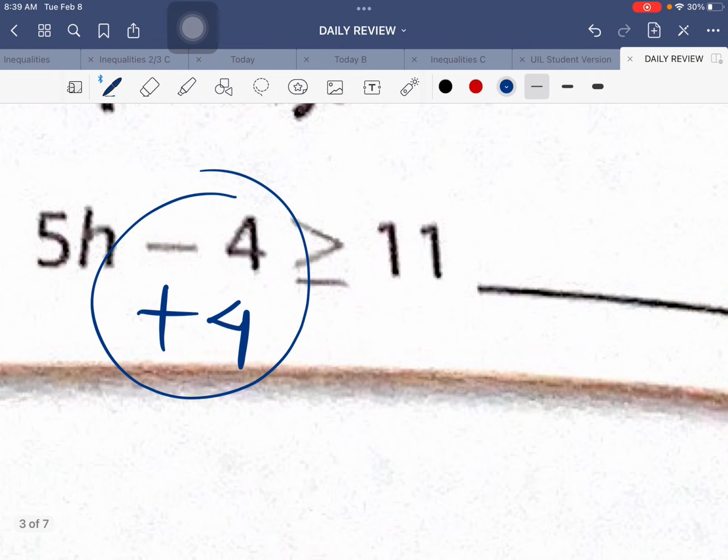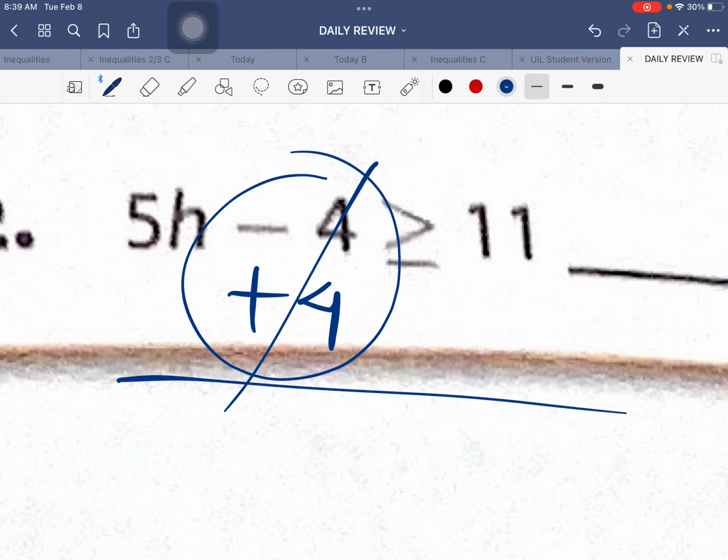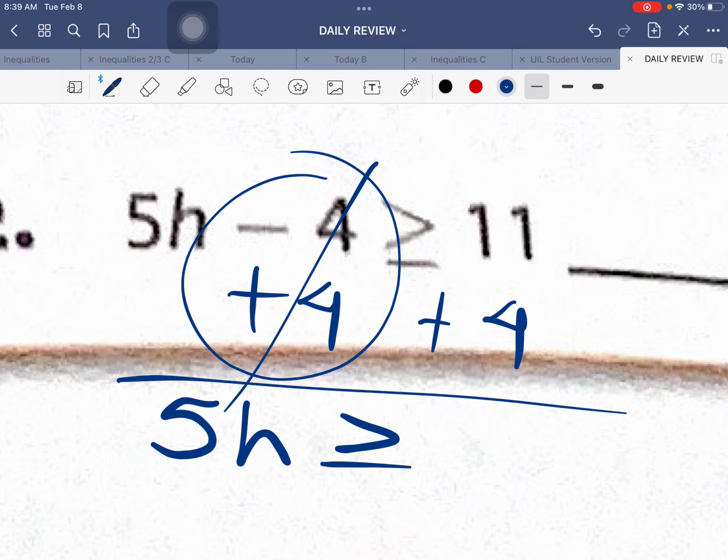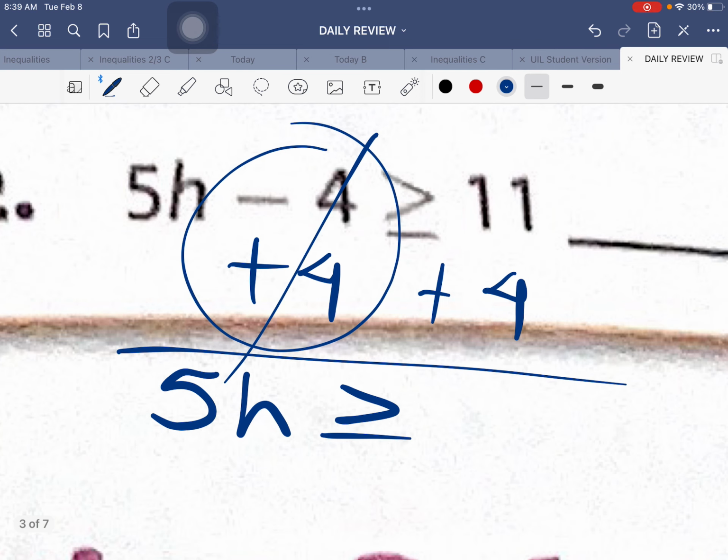I bring everything else down. What's 11 plus 4? 15. I'm pretty sure some of you can already take a guess as to what the answer is going to be. 3. But we do have to do the process.